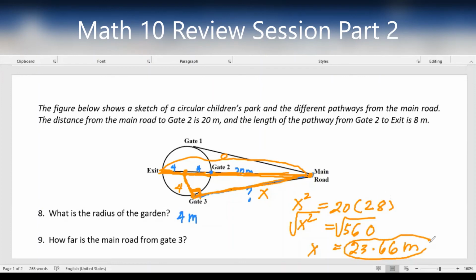So, this is the length from main road to gate 3. Of course, it's longer than 20 meters from main road to gate 2 kasi straight lang yon. And the same thing, since you have two tangents outside and intersected here, so itong from main road to gate 1 is also 23.66. Anyway, it's not asked.